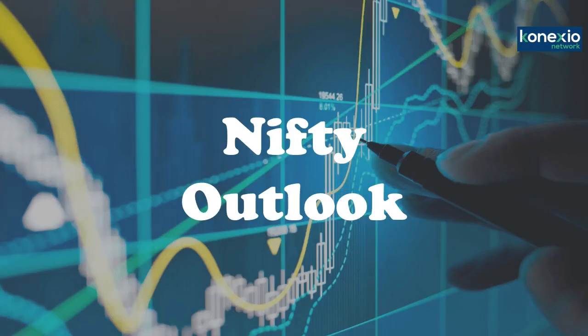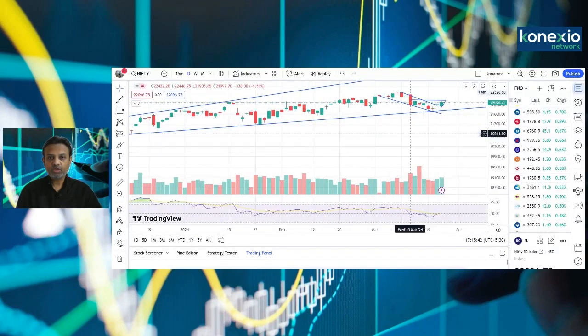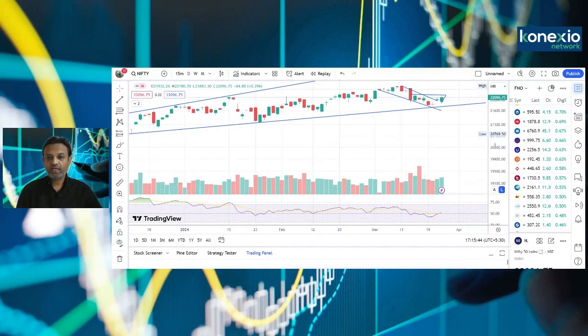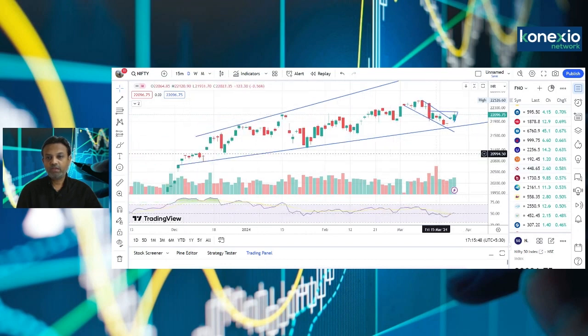So friends, now let us go to the Nifty daily charts and try to figure out what pattern has been formed and what could be the trend for the next week. Now this is the Nifty daily chart. As I said, you can clearly see it has been moving in an expanding triangle, in this particular range since the last couple of months, almost since December, and there is still no deviation of the trend.